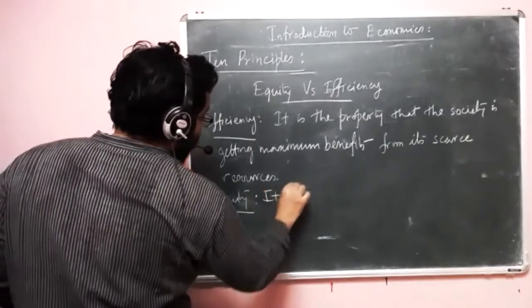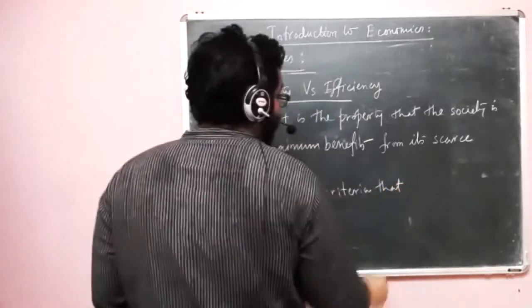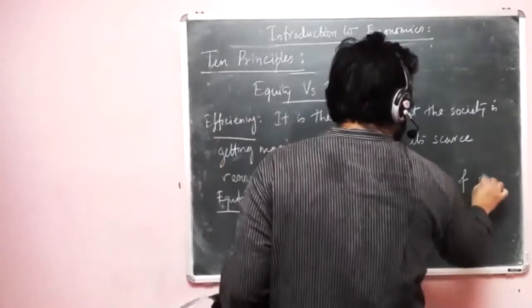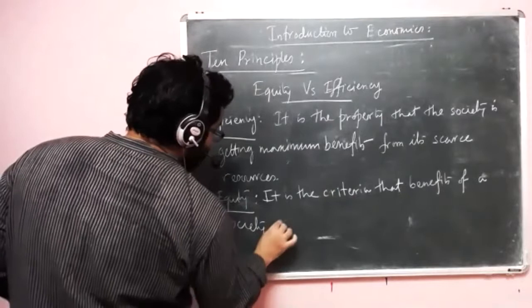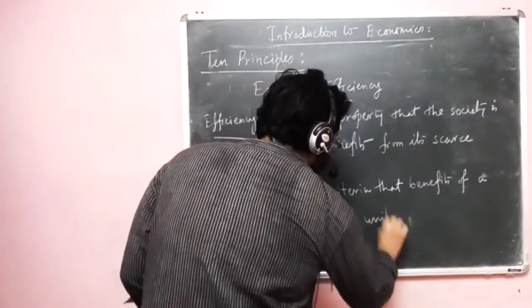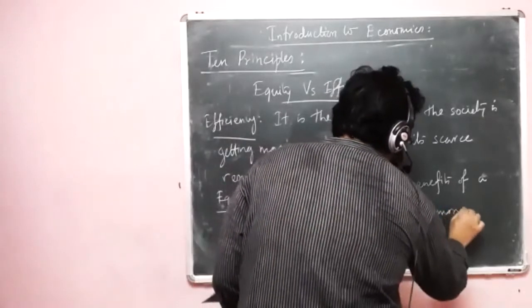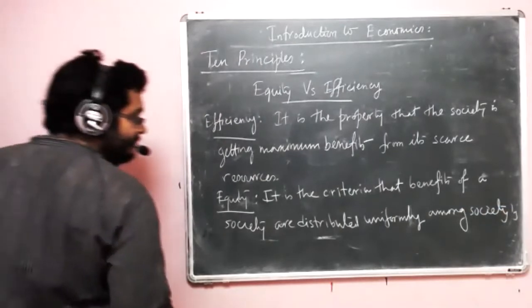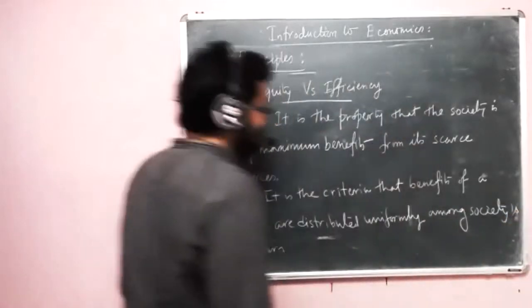It is the criteria that benefits of a society are distributed uniformly among society's members. Okay. All right.